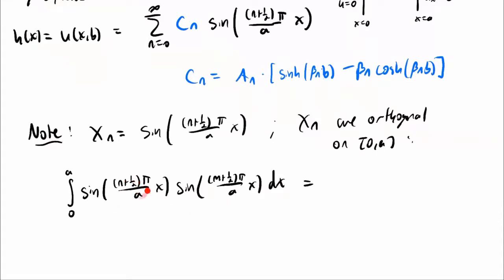So I have Xn here and Xm here. It's the inner product on 0 to a, multiplied by some constant. This is going to be equal to 0 if n doesn't equal m, and if n equals m, I believe it should be equal to a over 2.